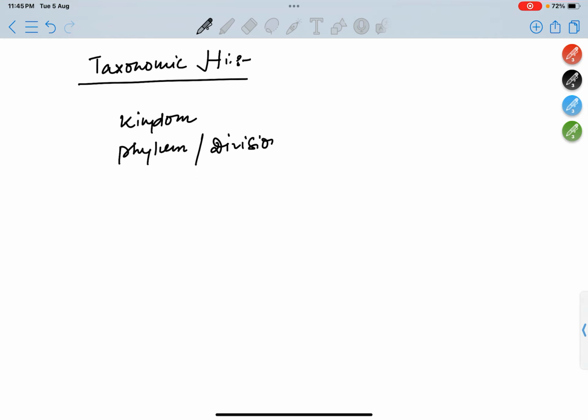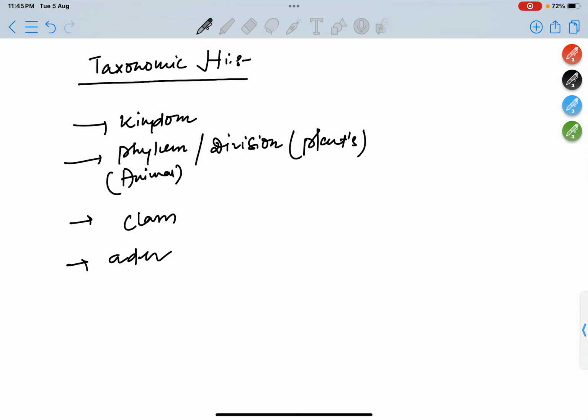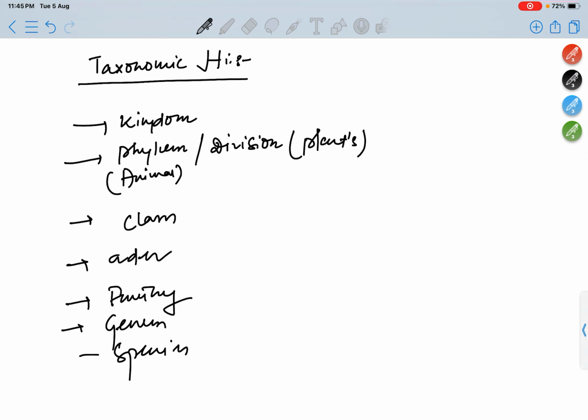Okay, division for plants, phylum for animals, then class, order, family, genus, species. So in the examination, they can ask, what is the lowest level in the taxonomic hierarchy? It is species, and the highest is kingdom. So you should know this, kingdom and species.